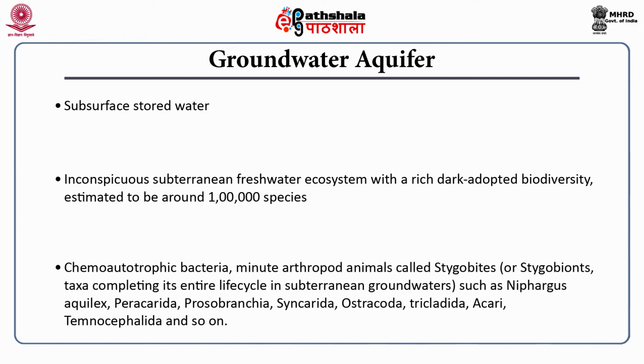Chemotrophic bacteria, minute arthropod animals called stygobites or stygobionts, taxa completing their entire life cycle in subterranean groundwater such as Niphargus aquilex, Parastenocarididae, Prosobranchia, Syncarida, Ostracoda, Tricladida, Acari, Temnocephalida and so on. These are some of the unique varieties of the aquifer ecosystems.